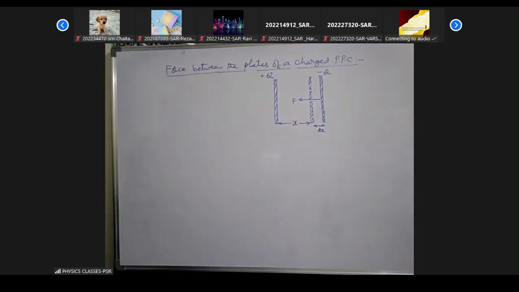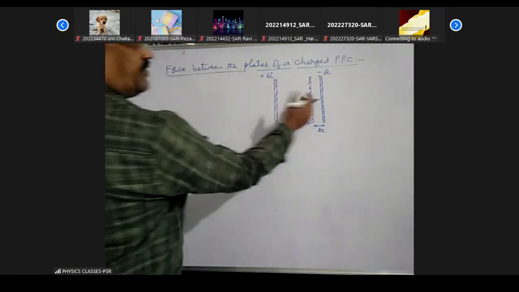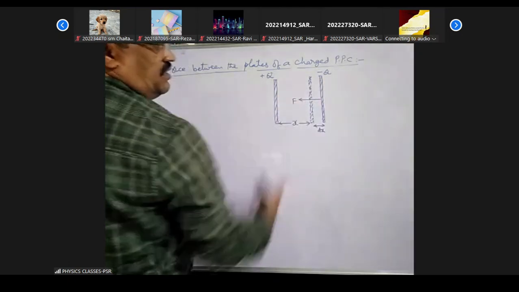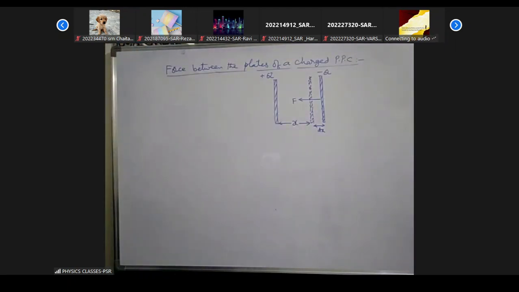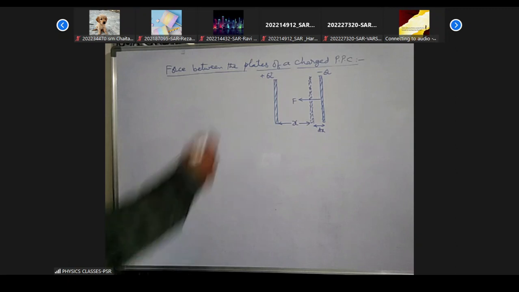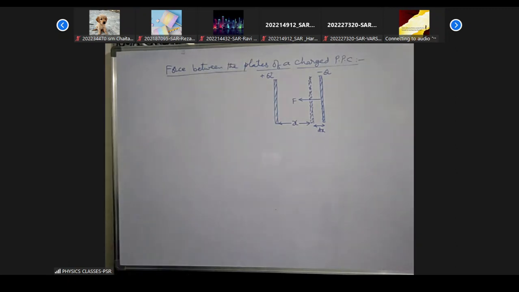This is the diagram. Due to this force of attraction, the plate displaces by a small distance dx. Okay, draw the diagram. In the new position, what is the energy stored?